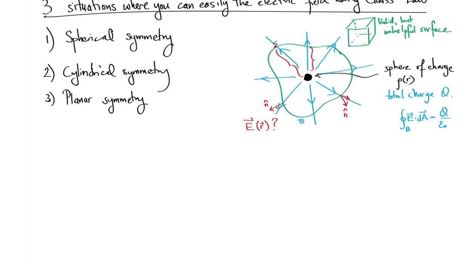It's going to be a little bit weaker because the field is dropping, probably something like 1 over r squared, or roughly like that. The further you go away, the field will probably be dropping. That means the strength of our electric field is going to be different on different parts of the surface. So this is generally not a good surface to pick.